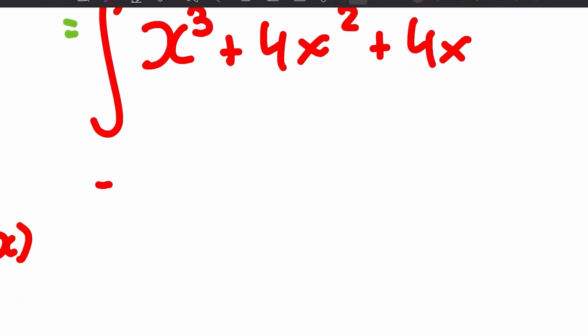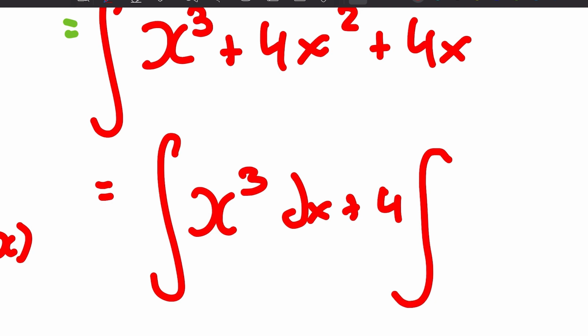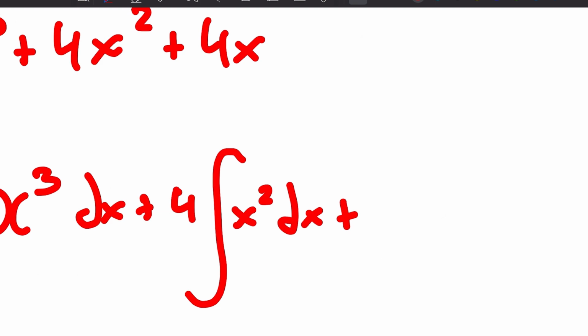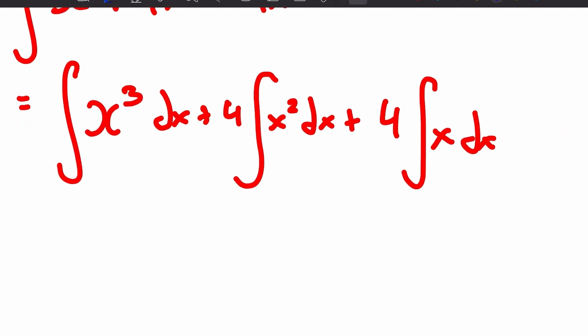And remember, to integrate this, we could just integrate it normally, or we could say the integral of x cubed dx plus 4 times the integral of x squared dx plus 4 times the integral of x dx. And perfect. Now we just have to do the actual integration part and we should be done.